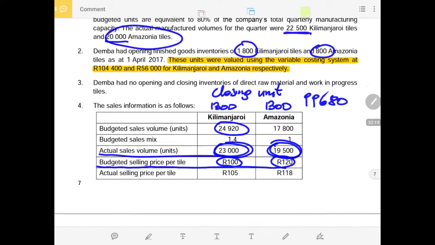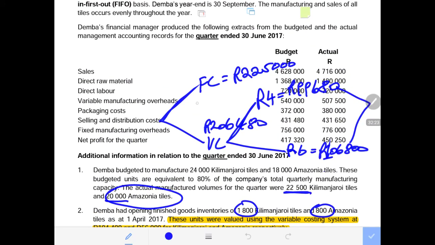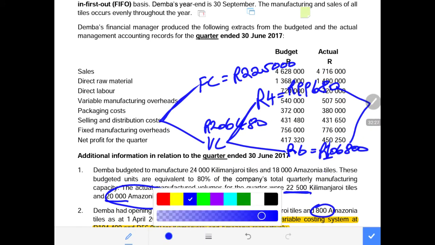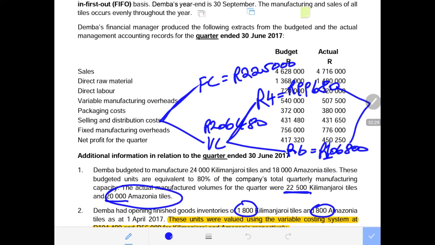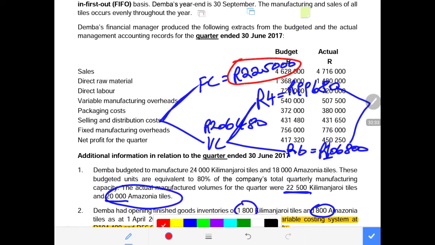We have two fixed costs that we need to be mindful of. Fixed cost, which is 225,000, the one that is from the variable selling. Then there's also fixed manufacturing overheads of 756,000.